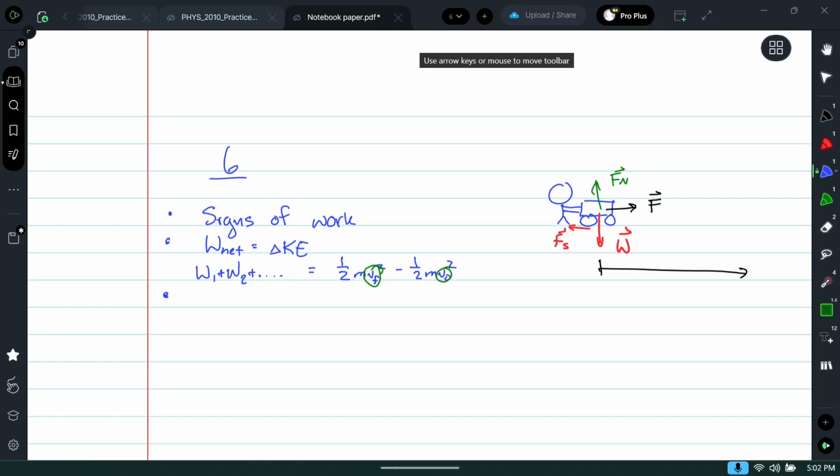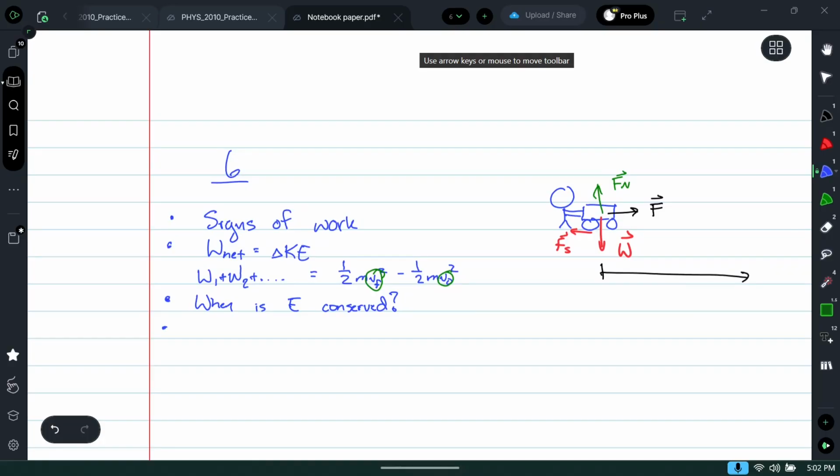The next conceptual type thing is, can you tell if mechanical energy is being conserved in some scenario? So when is mechanical energy conserved? What are the conditions for that? Can you tell if it is being conserved or not? And in a problem where it is, can you apply it?